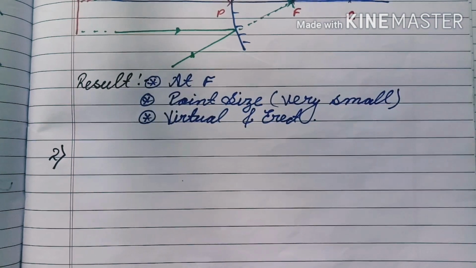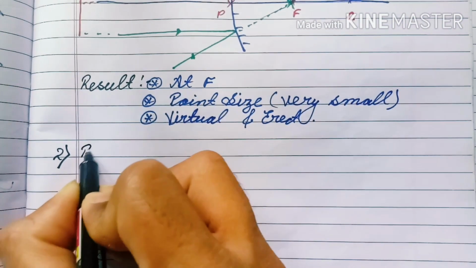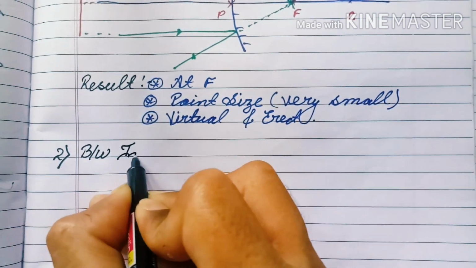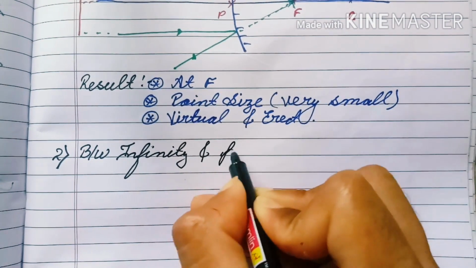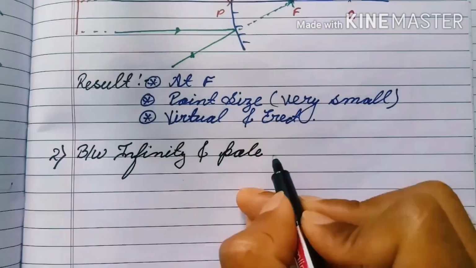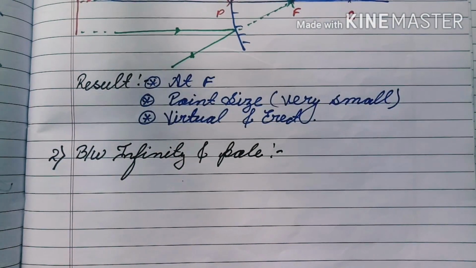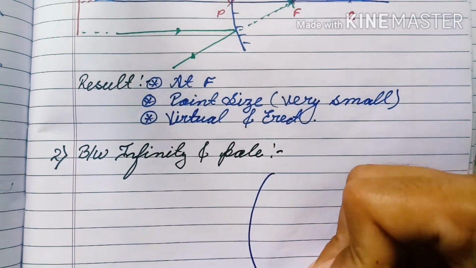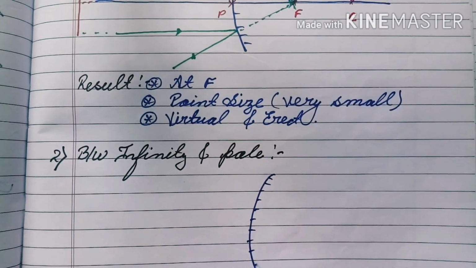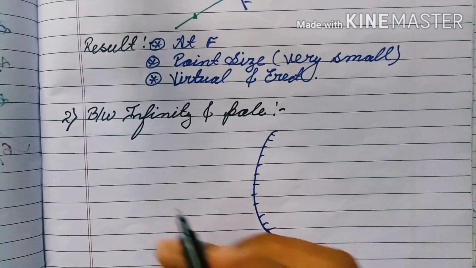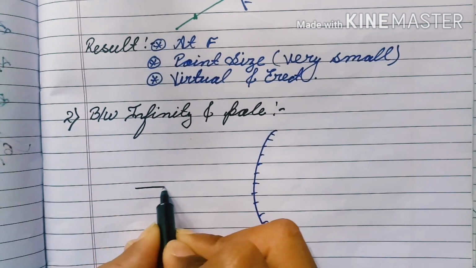Now, the second and last case, students, is case 2: when the object is placed between infinity and pole, means anywhere between pole and infinity. Suppose that, students, this is a convex mirror and this is the principal axis.